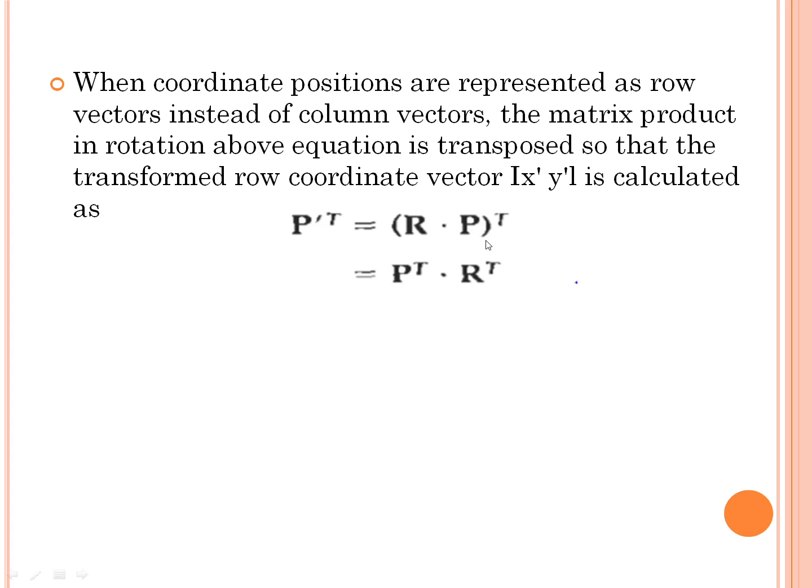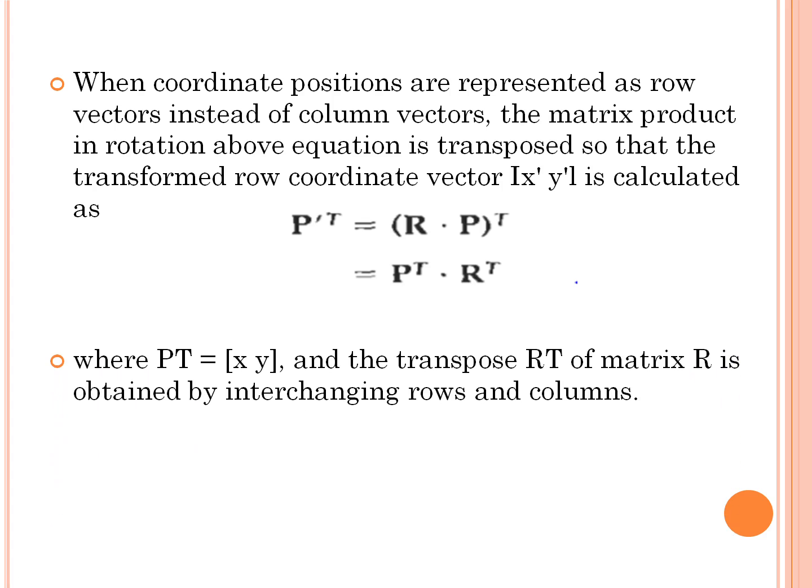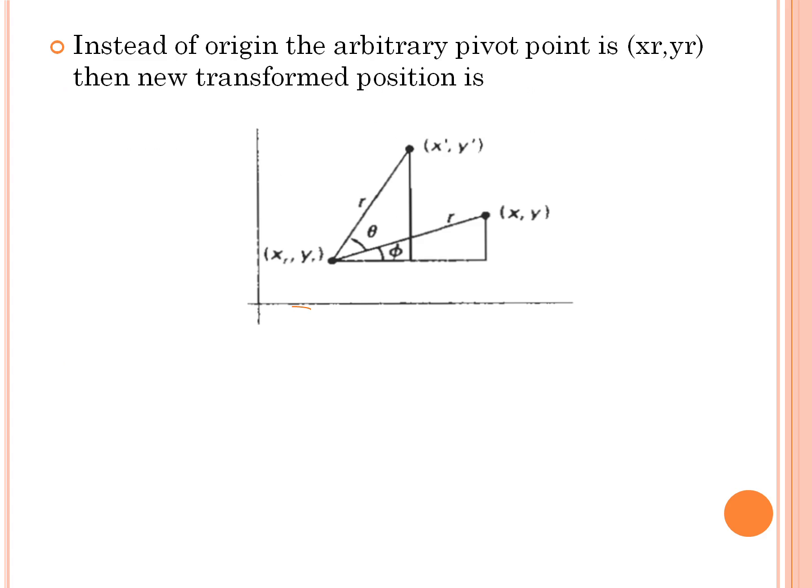Remember the formula: the transpose of A dot B gives B transpose dot A transpose. In a similar way we get P dash transpose equals P transpose dot R transpose, where P transpose is a column vector such as x y, and R transpose, the transpose of matrix R, is obtained by interchanging the rows and columns of the rotation matrix.